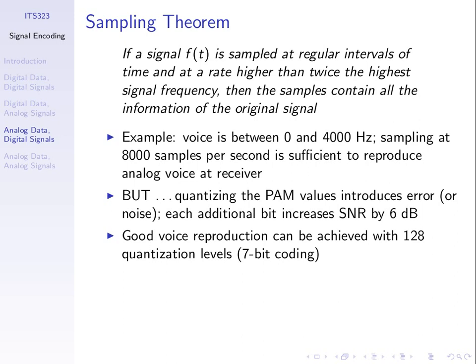Each sample 16 bits. So that gives us the number of bits per second. We can convert that to bytes. So divide by 8 and we get our bytes per second. And that was about 88,000 bytes per second. So we need 88,000 bytes for every 1 second of music.